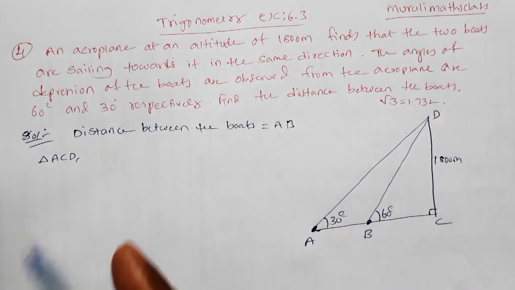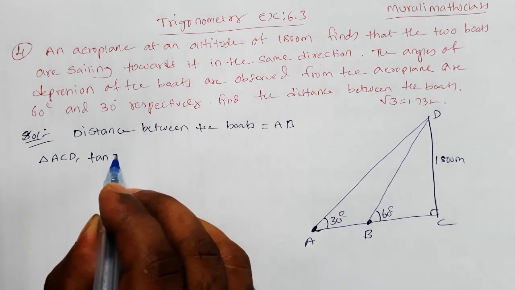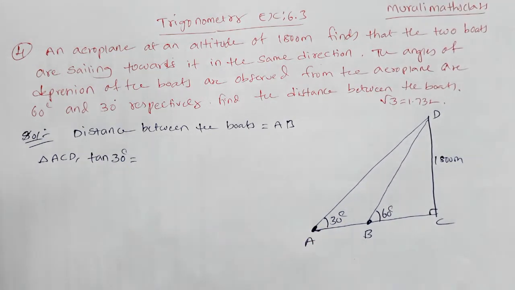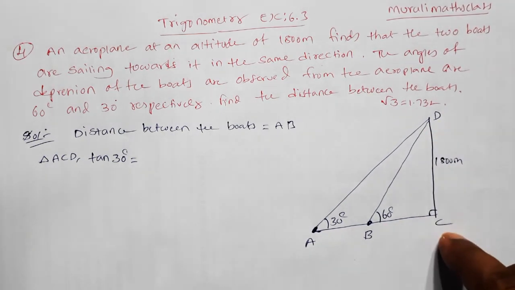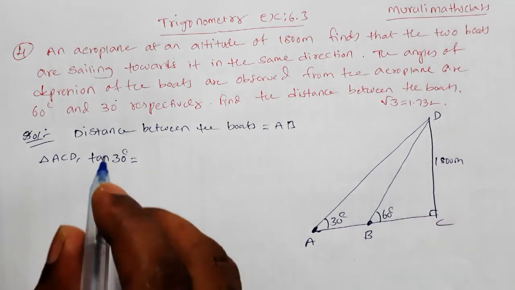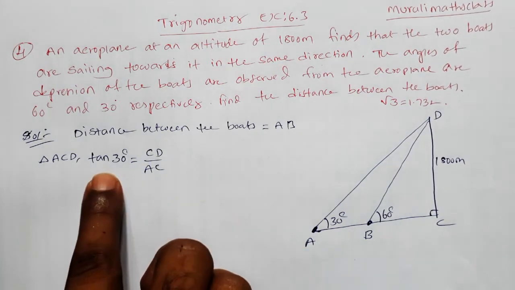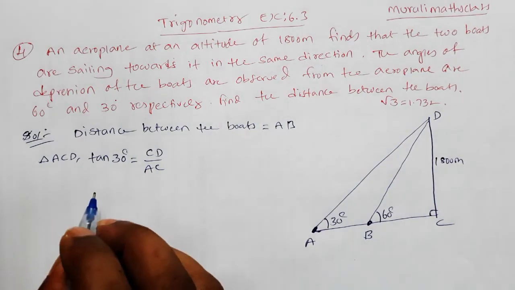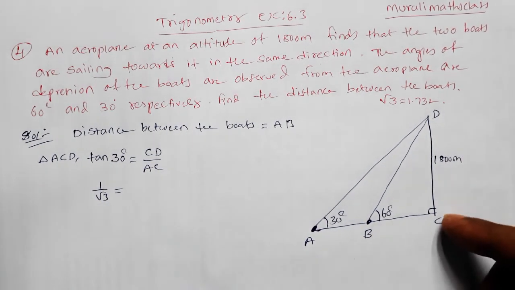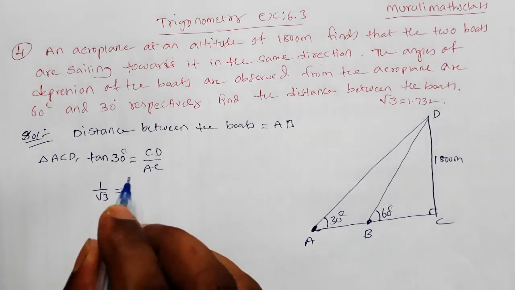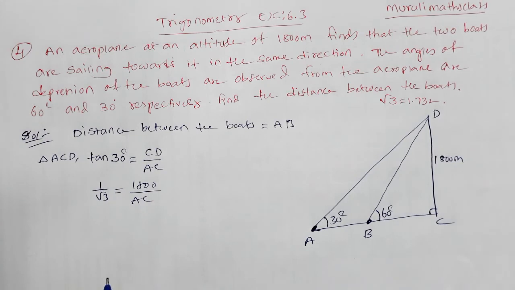In triangle ACD, we have to take 30 degrees. Tan 30 equals opposite by adjacent, CD by AC. Tan 30 is 1 by root 3. CD is 1800 meters, AC as it is.